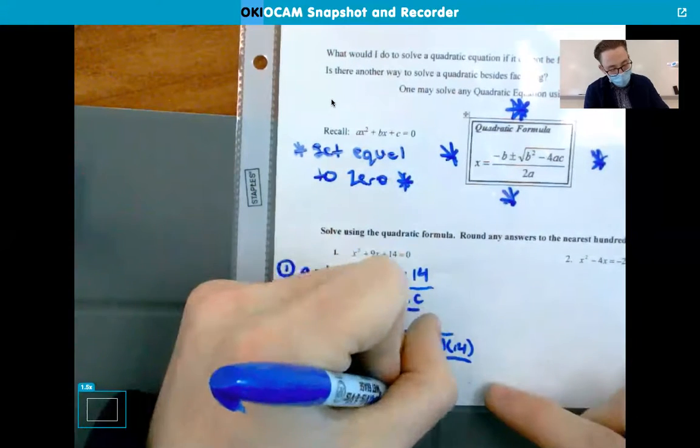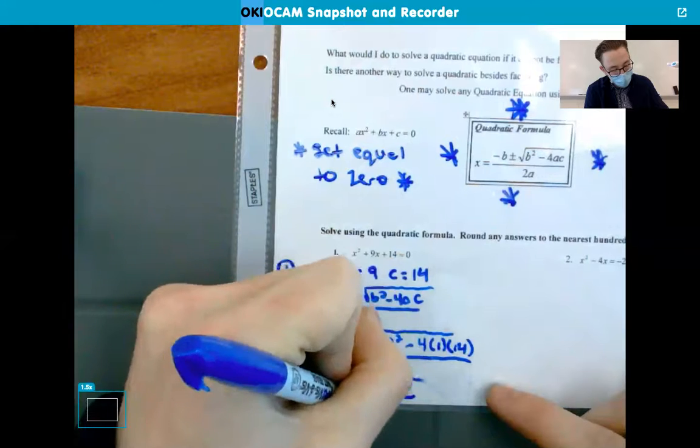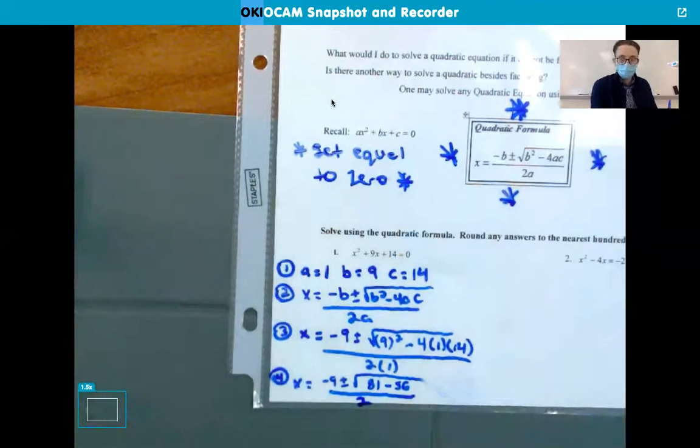All of that divided by 2 times 1, or just 2. Everybody with me so far?